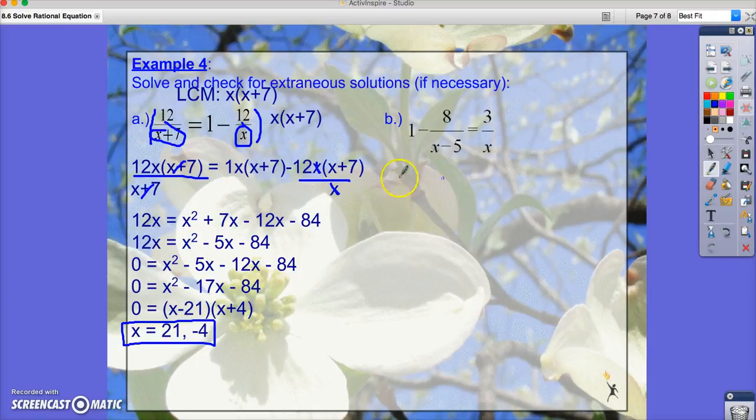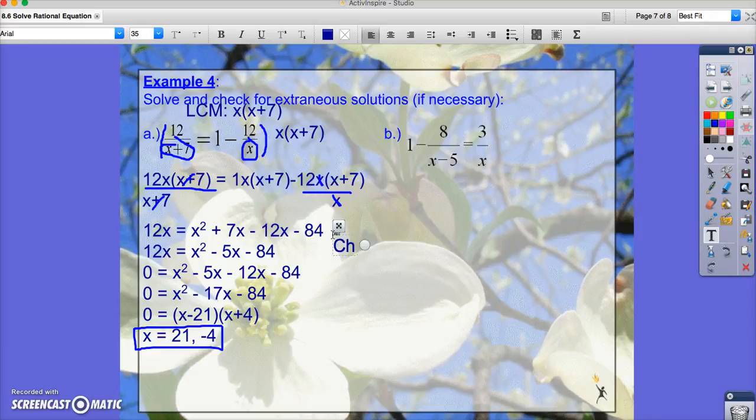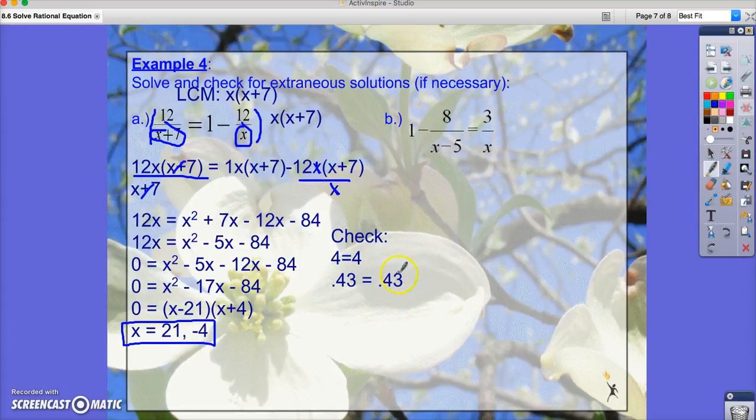Check means I go back to the original. One I make 4 equals 4. Another one I get 0.43 equals 0.43 rounded. So once again, in this case, they both check. It's not always the case.